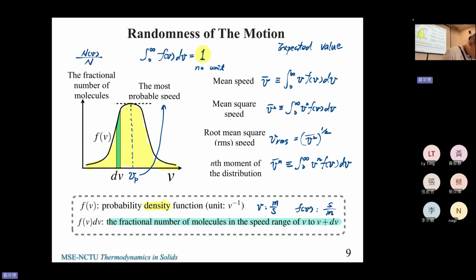Well, sorry, I should write down what is the M. It should be M, the most probable. Right. So that's it. I finished the English lecturing for this page.